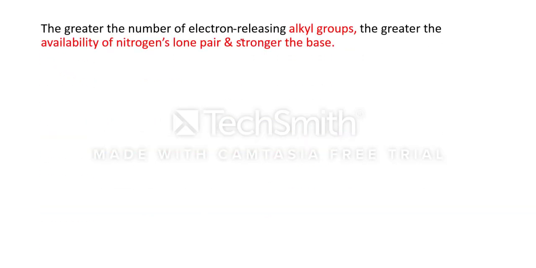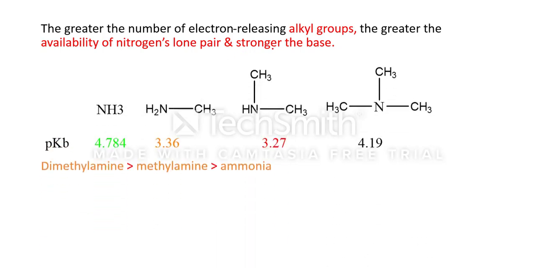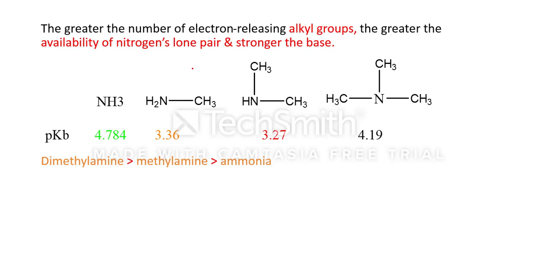The greater the number of electron releasing alkyl groups, the greater the availability of the nitrogen lone pair and the stronger the base. Ammonia has no alkyl group, methylamine has one alkyl group, and alkyl groups are electron releasing. In dimethylamine, two alkyl groups are present on the amine. In trimethylamine, three alkyl groups are present.